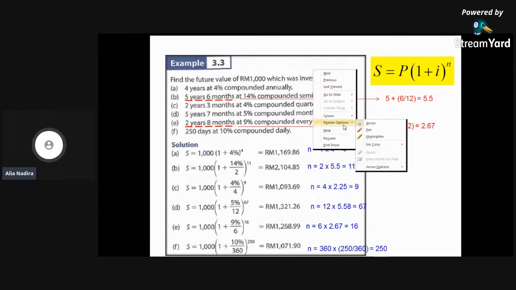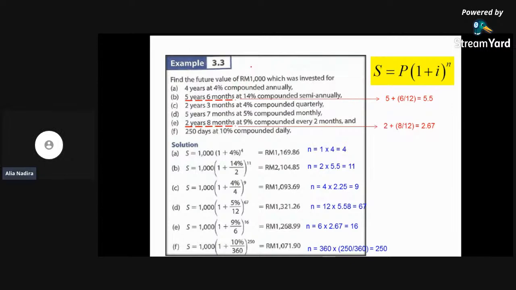So 1000 here is your P. Okay, so we want to find your S. So how? Okay, so by using this formula, P(1 plus I) to the power of N. So for 4 years at 4% compounded annually. So here it is compounded annually, meaning our M is 1.